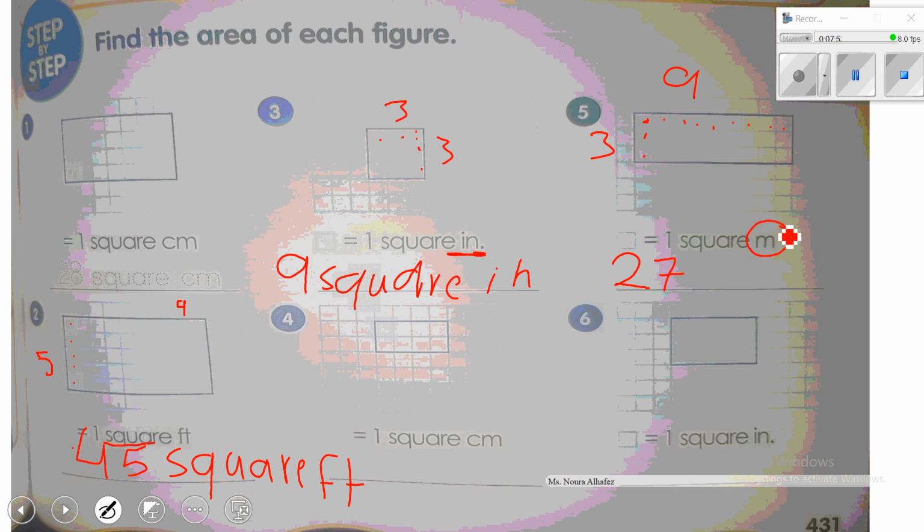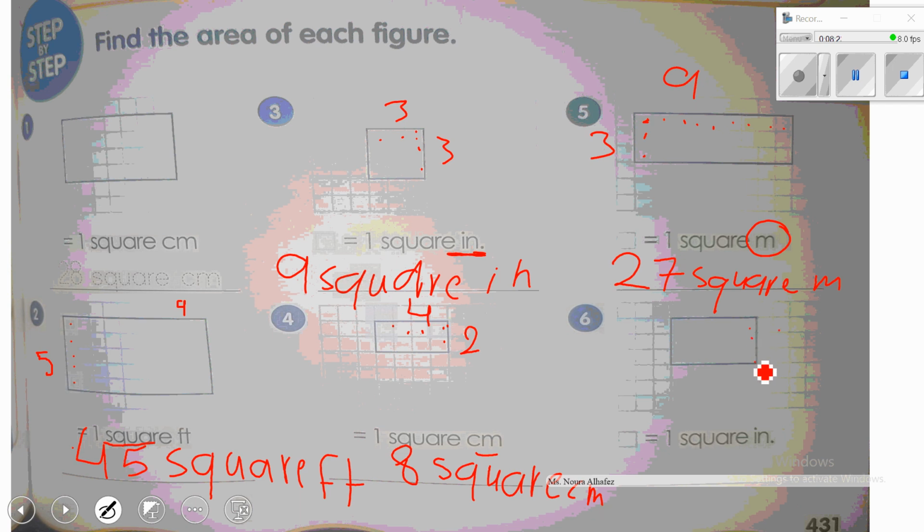Meter. 27 square meters. Here is 1, 2, 3, 4. 1, 2. Double 4. Perfect. It's 8. And what about the unit? It's not centimeter, it's a square centimeter.